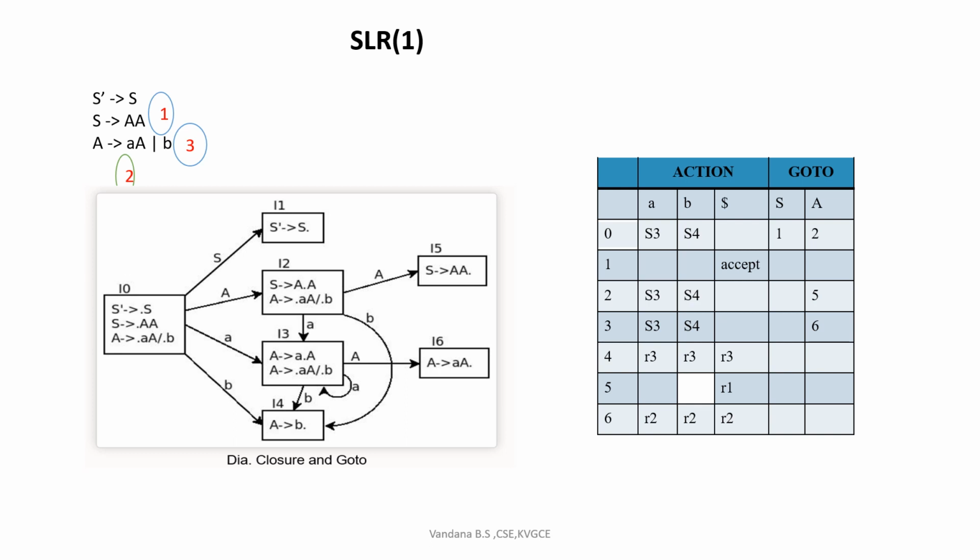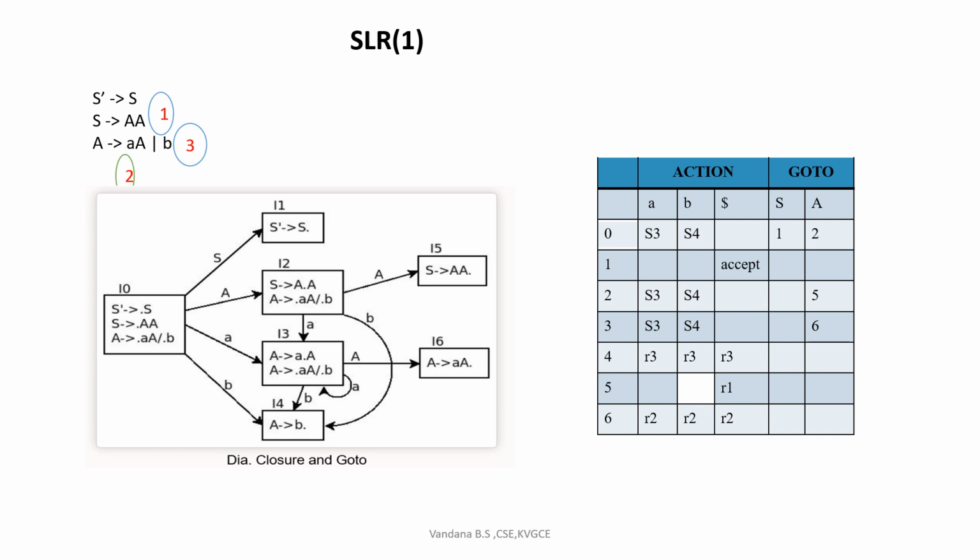In the previous LR0, let us consider I4. Look at the state transition diagram, I4. So what is in I4 actually? The final item, right? A derives B dot. What is the production number? It is 3. Therefore, in all the column entries, we would write R3, R3, R3.